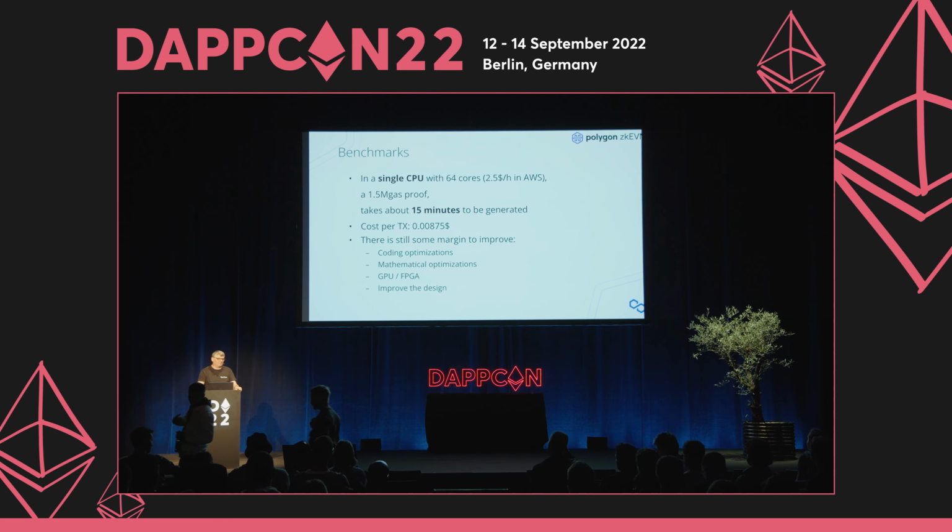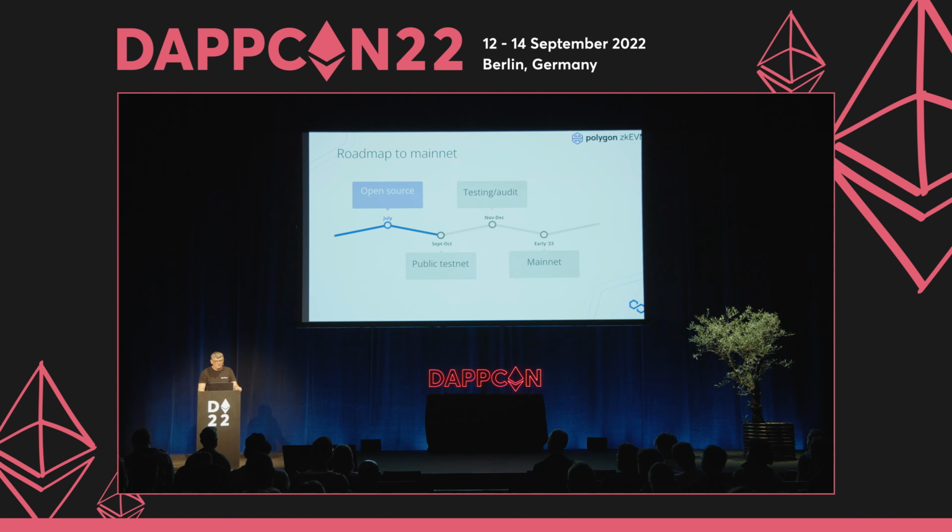This is probably short, it's much more than that, but we are finishing the numbers. That means, and this is the important part, that the cost per transaction is going to be a sub-cent of a dollar at this point. And we still have a lot of margin to improve. We are working really hard with GPUs and FPGAs, and there are a lot of optimizations in the to-do list that will probably bring these times down.